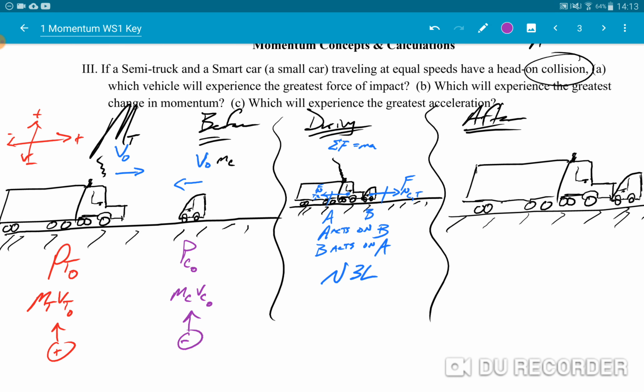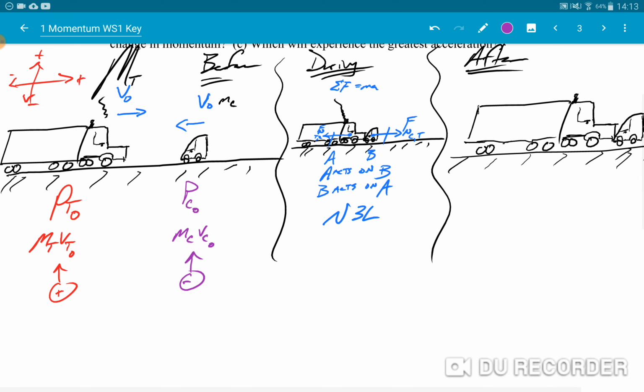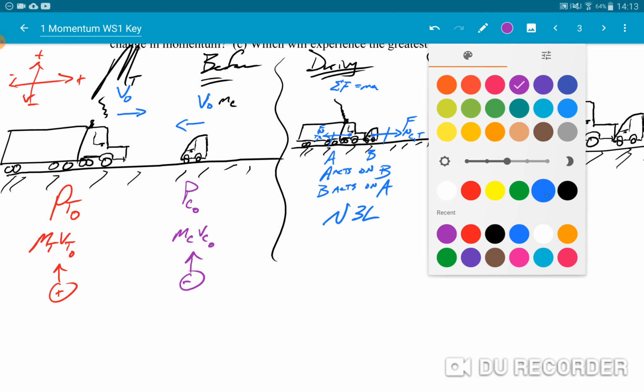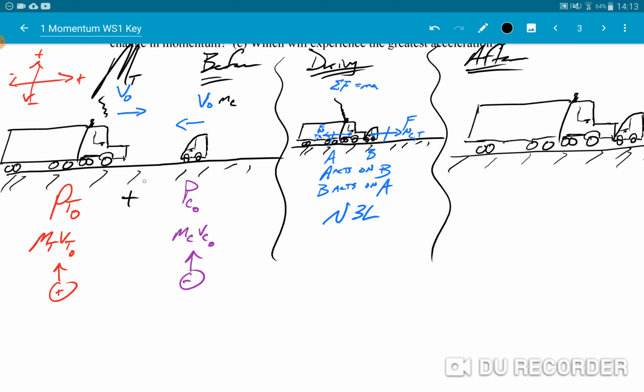Well, that means it's going to have a negative velocity and therefore some negative momentum. Okay. Now, when I add these two together to get my total momentum at the beginning, in the before state, notice it's in this before column here, will that be equal to 0?